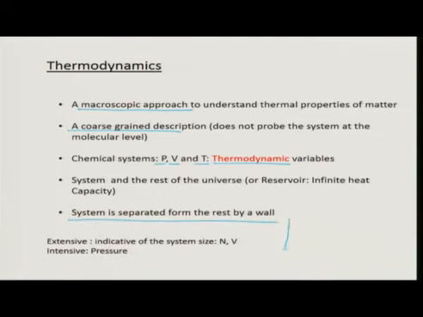So, I will have a system, this is my S, and then I will have the rest of the universe which I will call the reservoir. Okay? So, I have a system and a reservoir and they are separated by a wall. Okay? So, you see the difference.